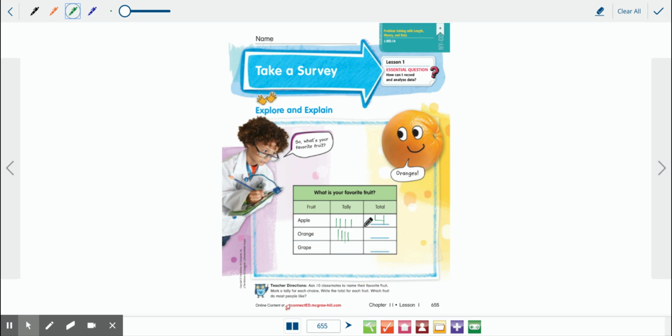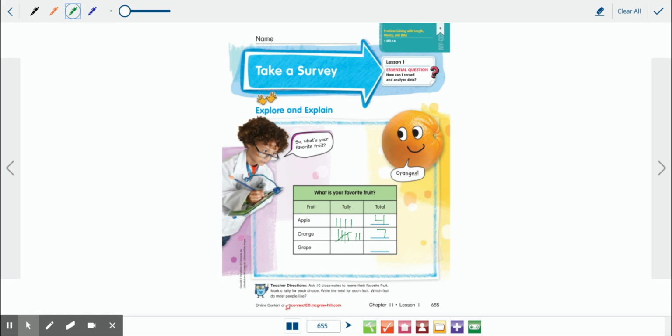Uh-oh, do you remember what I do for my 5th tally? That's right, we have to draw a line through it for that 5th tally. 5, and then start a new section. 6, 7. And I want to write 7 on my total for oranges.